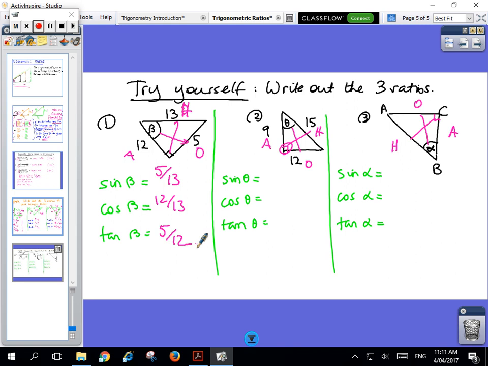Sine is 12/15, cos is 9/15, tan is 12/9, and then you can cancel those fractions down. And the last one is sine AC over AB, cos is BC over AB, and the last one is tan, AC opposite over adjacent BC. Okay. So again, this is just a skill to build up, and that's all you need to know for the time being. Thanks, bye.